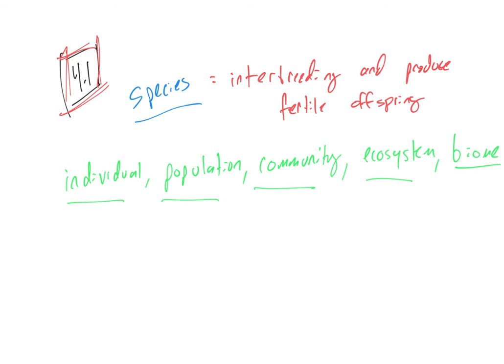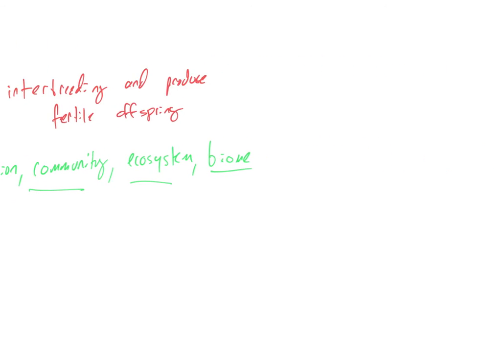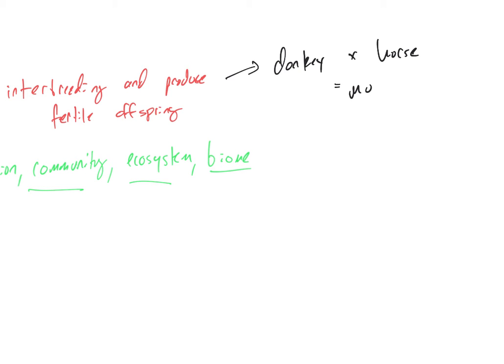A classic example of something that does not produce fertile offspring is a donkey crossed with a horse equals a mule. Now, a mule is infertile. So even though a donkey and a horse can produce offspring, the offspring are not fertile.